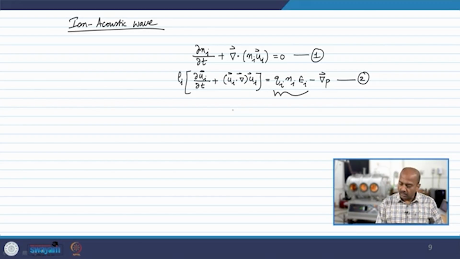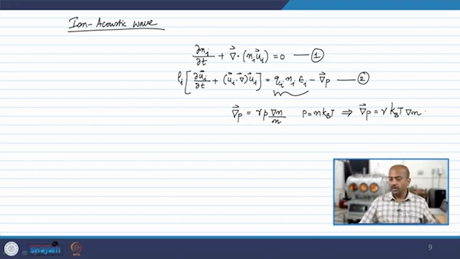We know that del P is gamma P del n by n, or using P equals n kBT, we can write del P as gamma kBT del n. Depending on ions you can use the ion temperature, or for electrons the electron temperature.